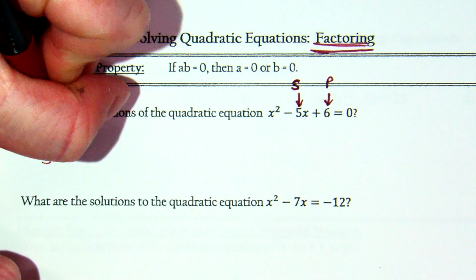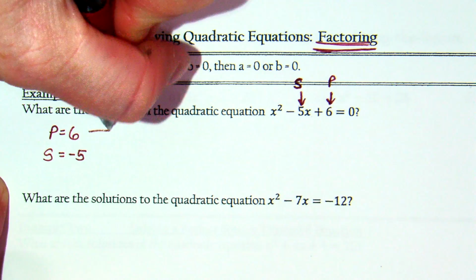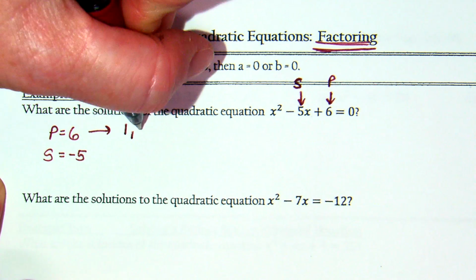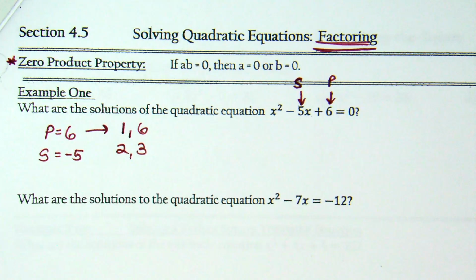Okay, so we want two numbers that give us a product of 6 and a sum of negative 5. What kind of numbers give me a product of 6? If we just talk numbers, product of 6: 1 times 6 or 2 and 3.